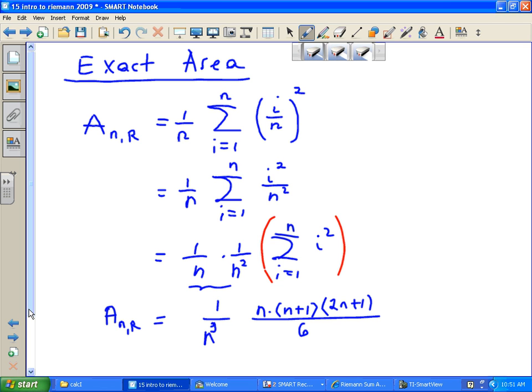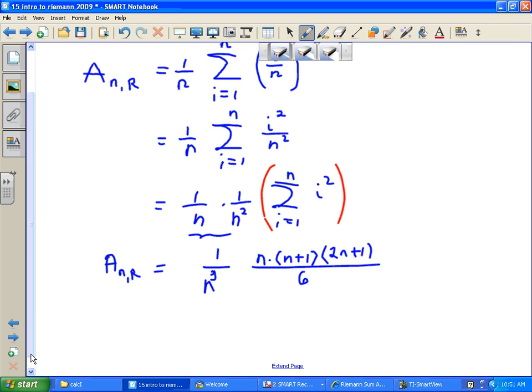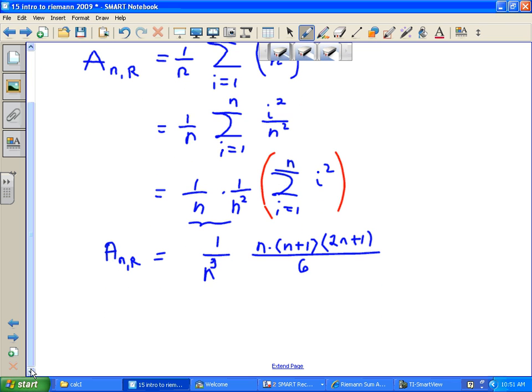But how many rectangles do I really want to have the exact area? Infinitely many. So we're going to do a very ambitious thing here. We're going to say the exact area A equals the limit as n goes to infinity of the above.